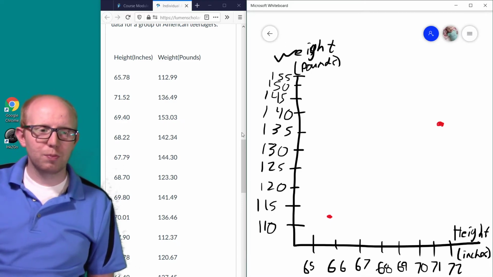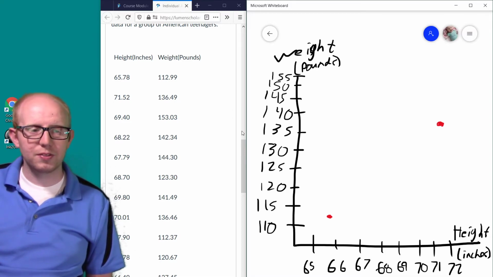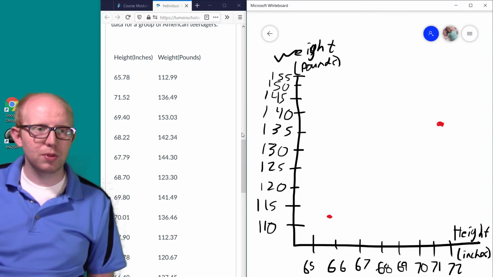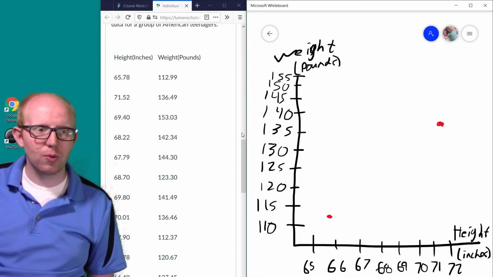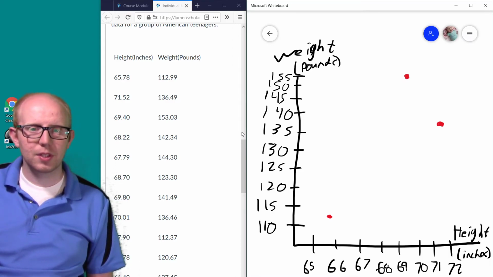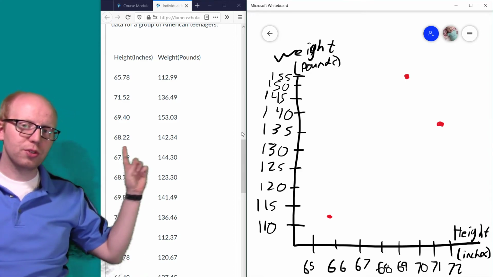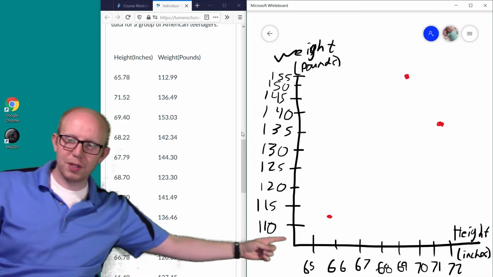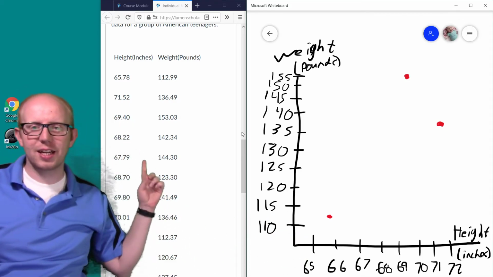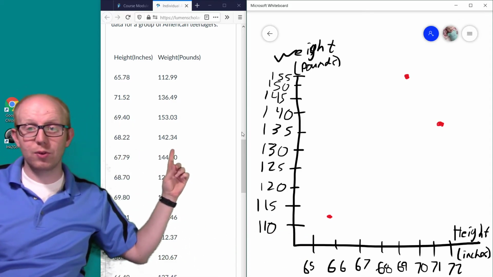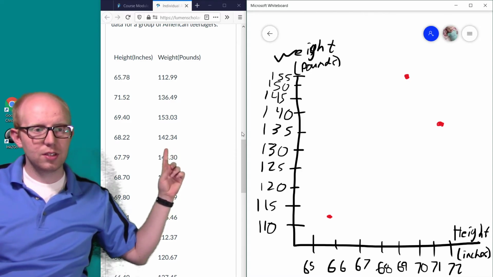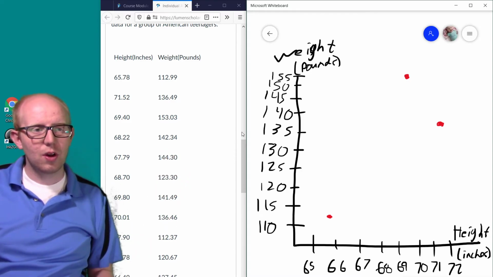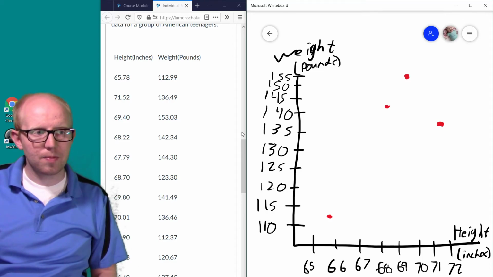We'll go just above 69, and just below 155, so that'll be all the way up here. Okay, 68.22, 142.34. So 68.22 will be right above 68 on the x-axis and right above 140 on the y. That will put us around right there.